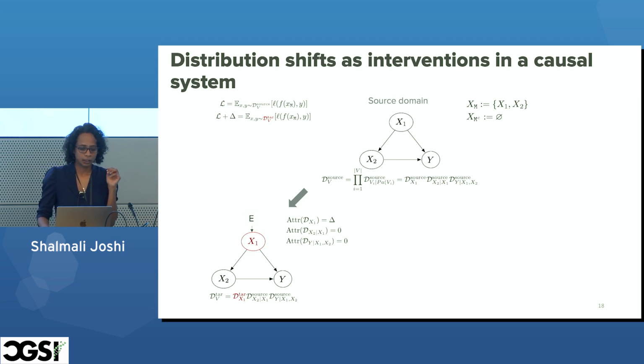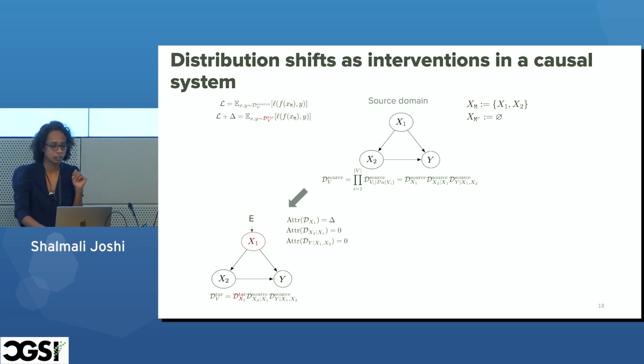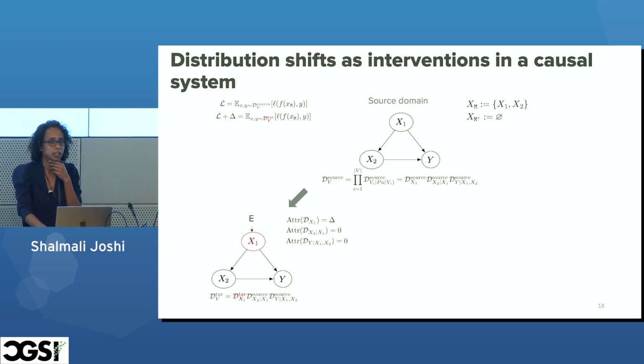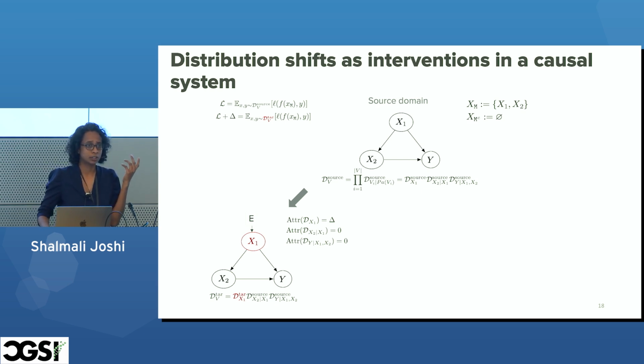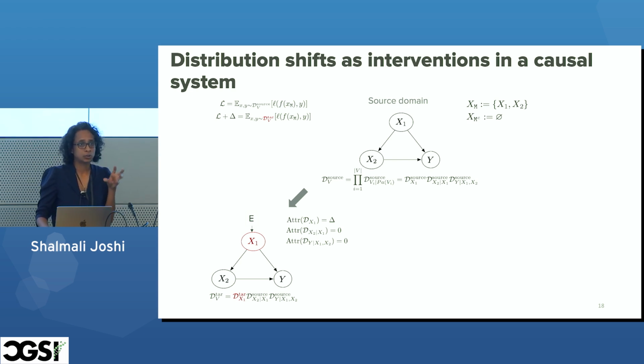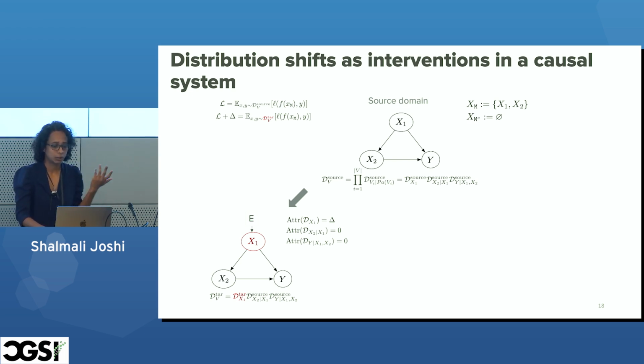Let's now give these variables some meaning. X1 is, let's say, age. X2 is the diagnostic test. And age is maybe a factor that is used in determining who gets the diagnostic test. And X2 is the measurement of that test, and then Y is the outcome.